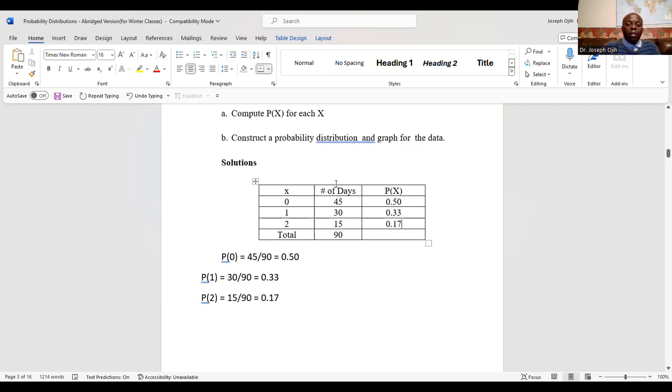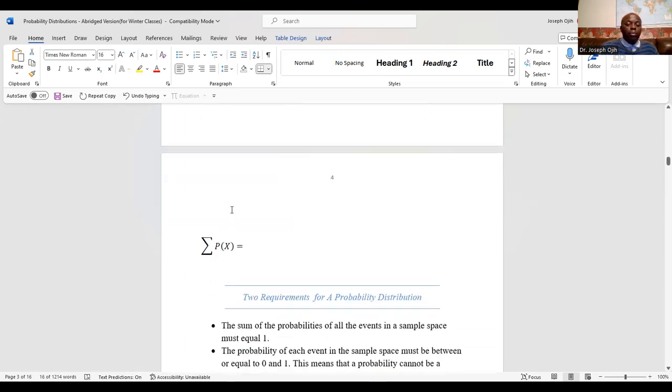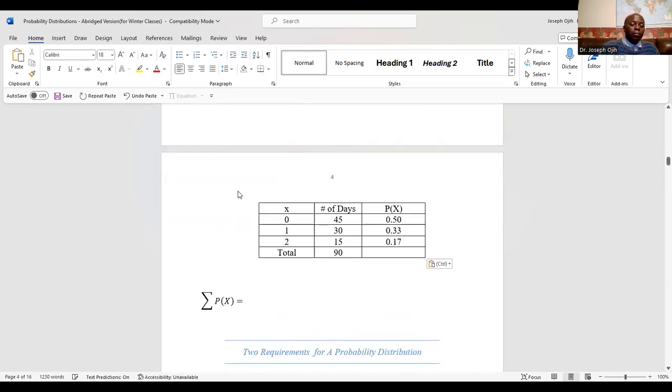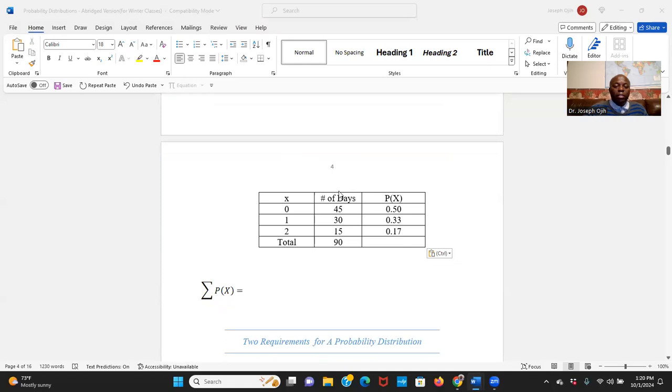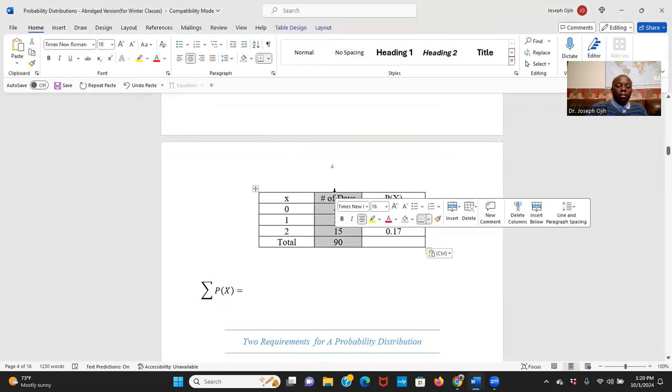So now we can remove this here. We can now have the given probability distribution. Let me paste it below this, so we can put only the part that is the probability distribution. I'm going to remove this part.